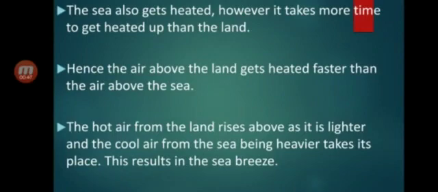Hence, the air above the land gets heated faster than the air above the sea. The hot air from the land rises above as it is lighter, and the cool air from the sea, being heavier, takes its place. This results in the sea breeze.